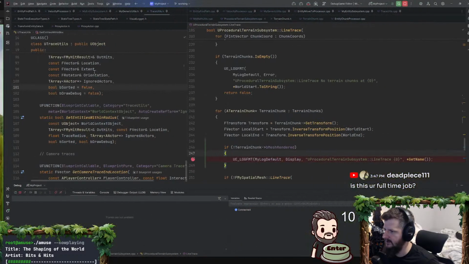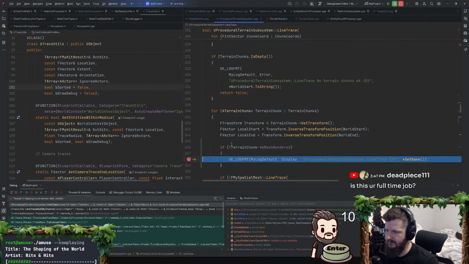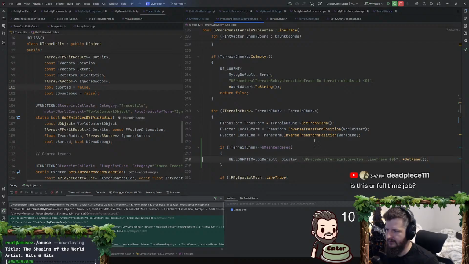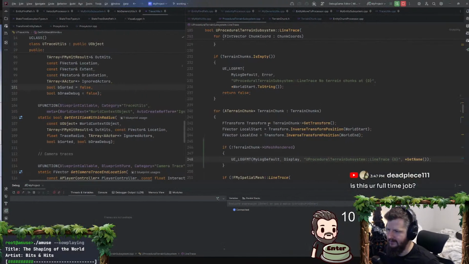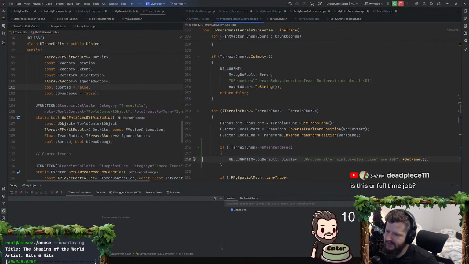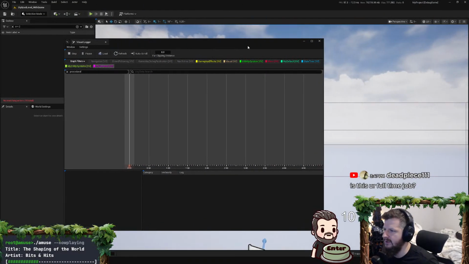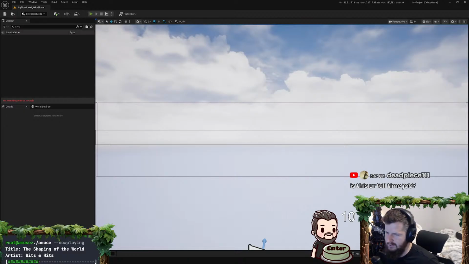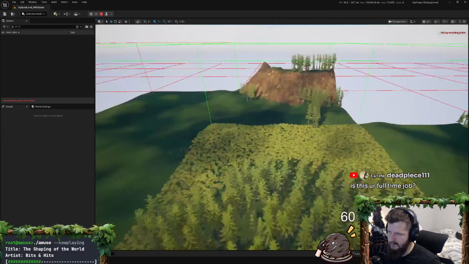Okay, let's restart this. Yes, I know. Yeah, they're all not rendered at the moment. Thank you. Ooh, but this is gonna get hit a bunch. Okay, I'm not gonna put that breakpoint there quite yet. Let's get the player spawned and everything, then we'll get there.